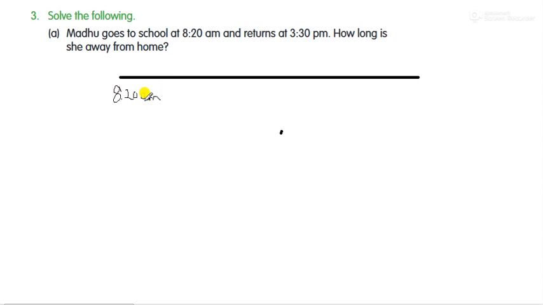So 8:20 to 9 AM, what is the difference here? 20, 25, 30, 35, 40, 45, or 20, 30, 40, 50, 60. So here the 40 minutes is the difference.